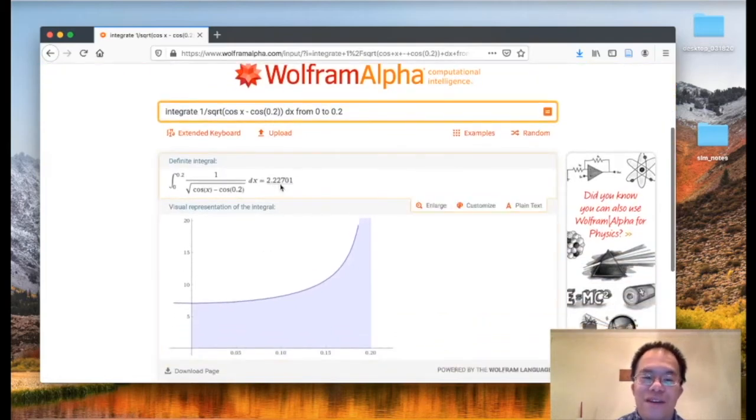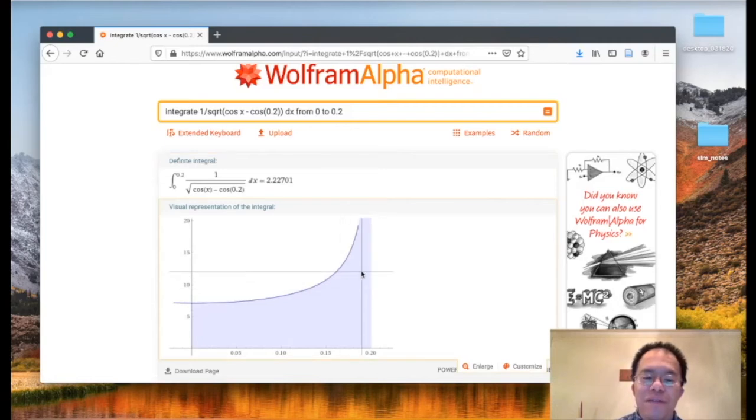And we have a number. We can check that the integrand is what we wanted: indeed d theta from the cosine theta minus cosine theta naught here, and 0 to theta naught, and we have our answer. You get a little bit of a visual representation here.